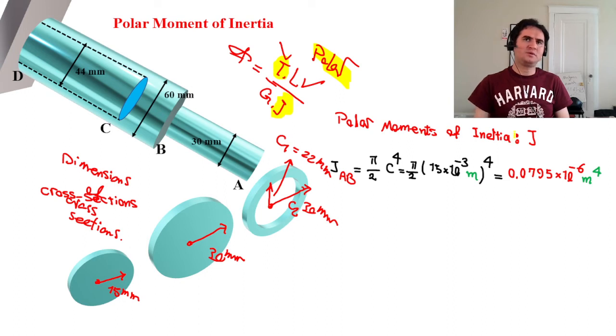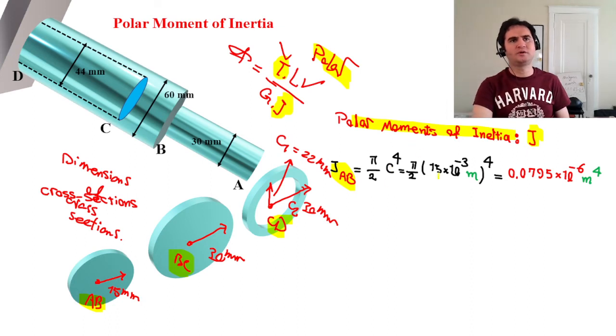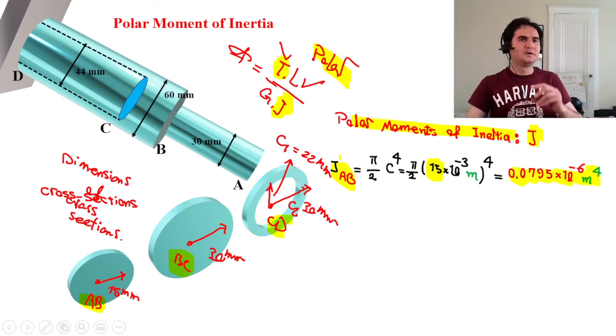So polar moment of inertia J for AB, which is this one, this is BC, and this is C to D. So JAB is pi over 2 C to the power of 4, and the radius is 15 millimeters. That gives us this much polar moment of inertia.